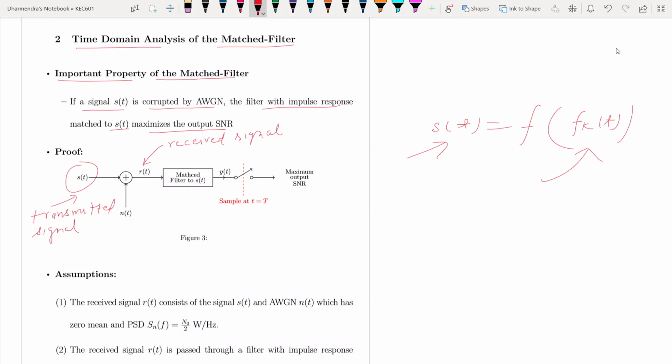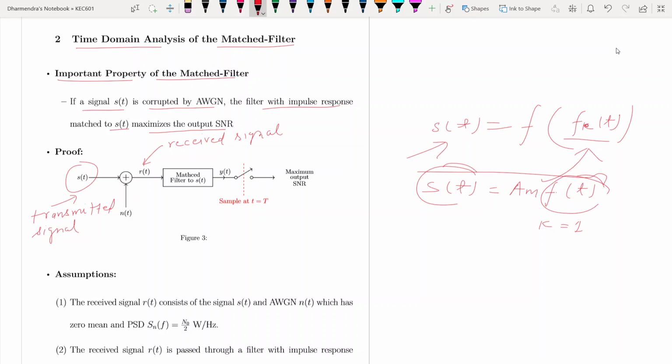Matching of s of t is equivalent to matching of fk of t, because s of t can be written in one dimension like this, so k equals 1. So matching of s of t is equivalent to matching of the basis function.